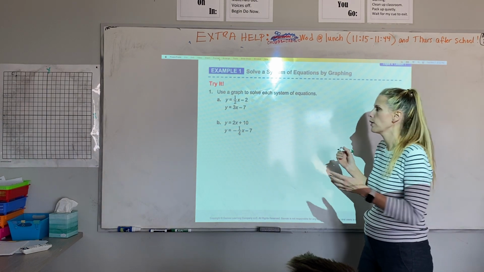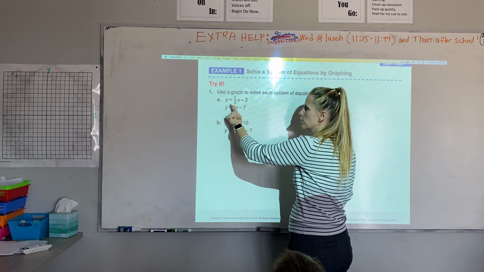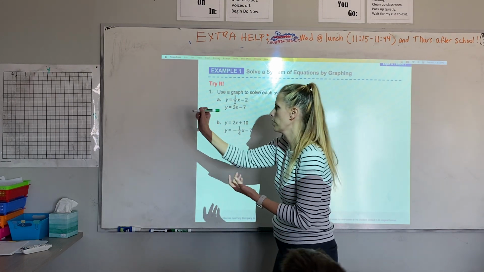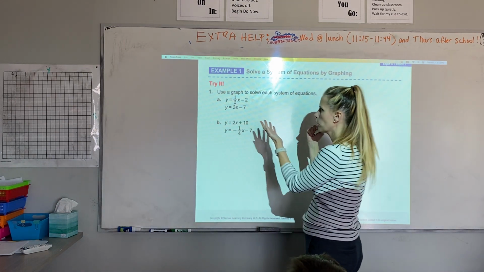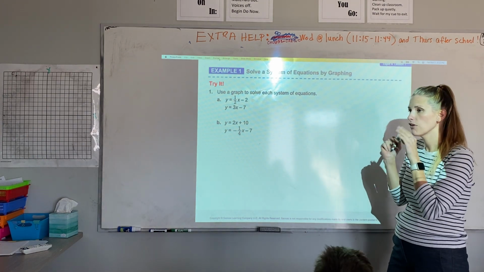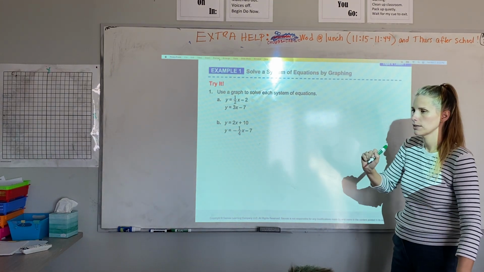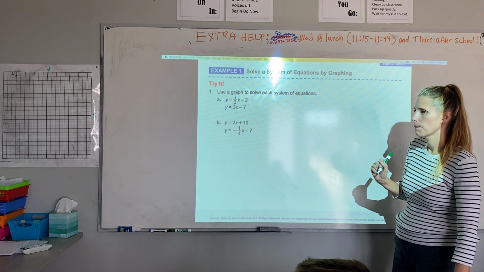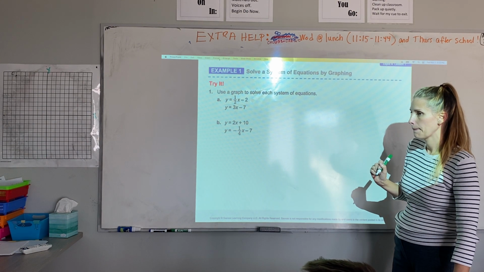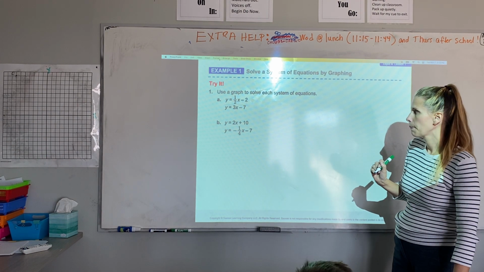If you tried to graph this equation, how would you know where to put your first point? It tells you the y equals what's there.